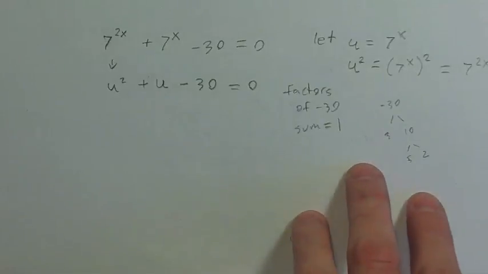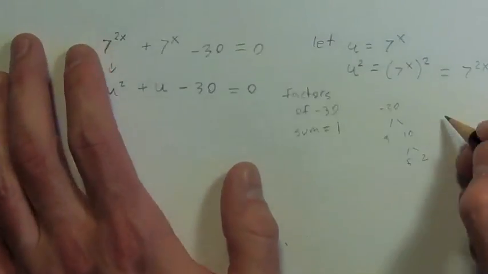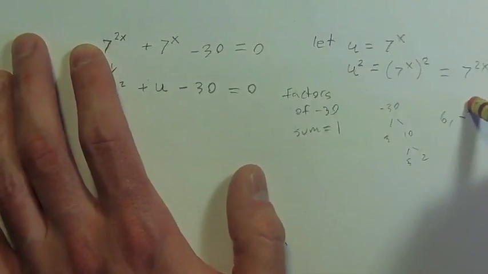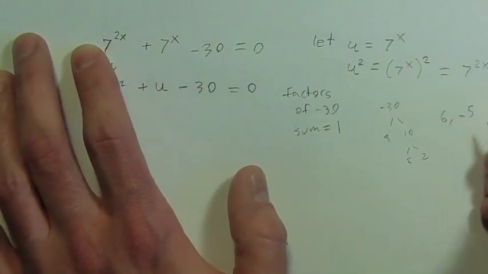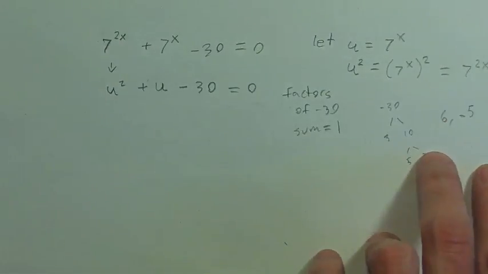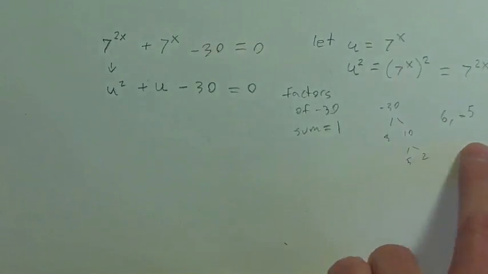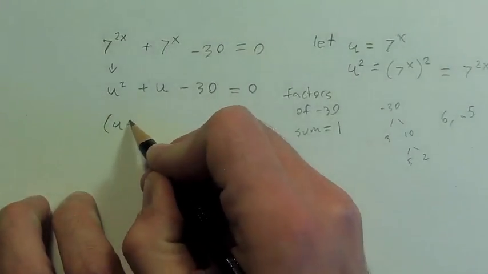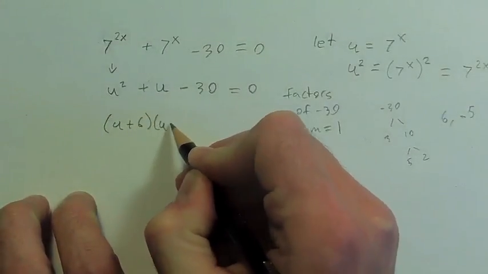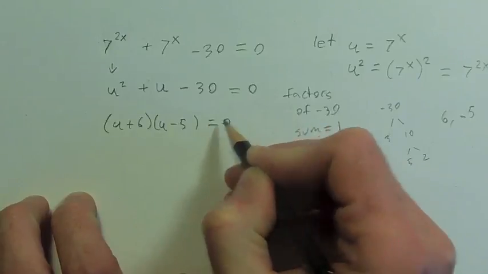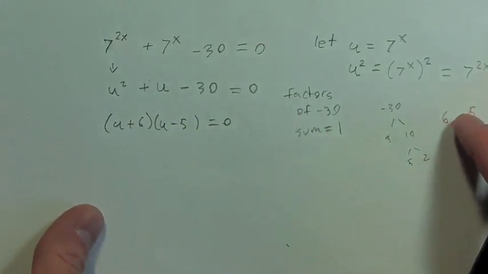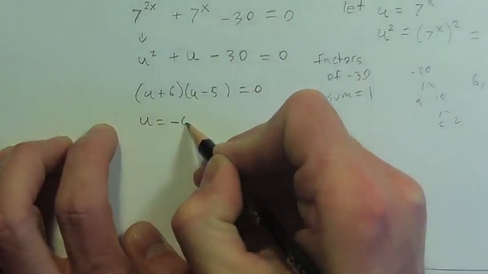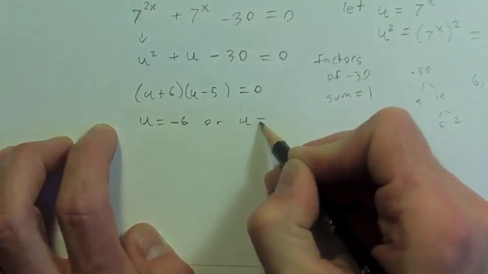So my options are, I think I have it, it's 6 and negative 5. Right, 6 times negative 5 will give me negative 30. 6 minus 5 will give me 1. So this actually factors to be u plus 6 times u minus 5. Okay? So we get that u is equal to negative 6, or u is equal to 5.